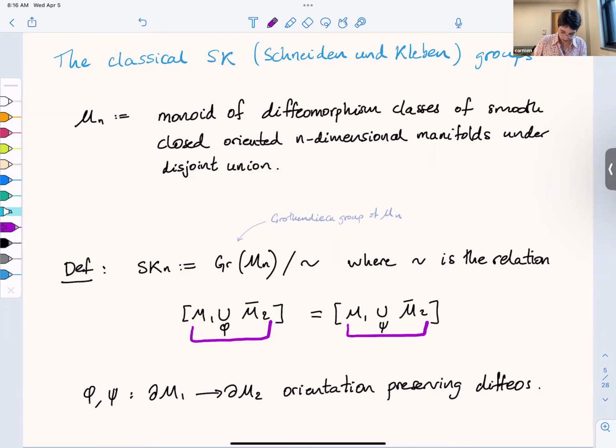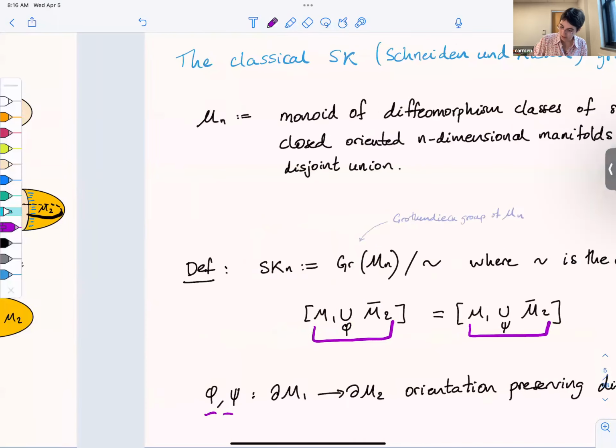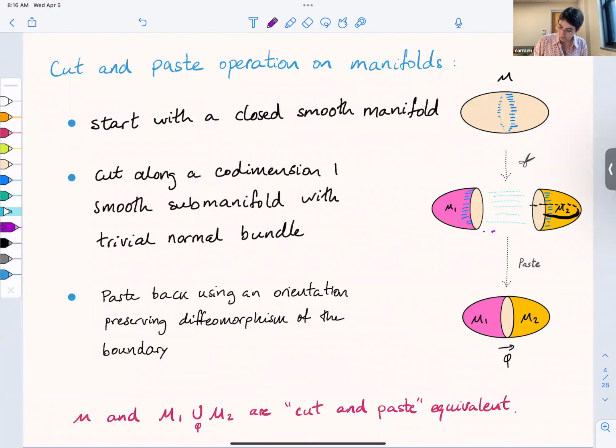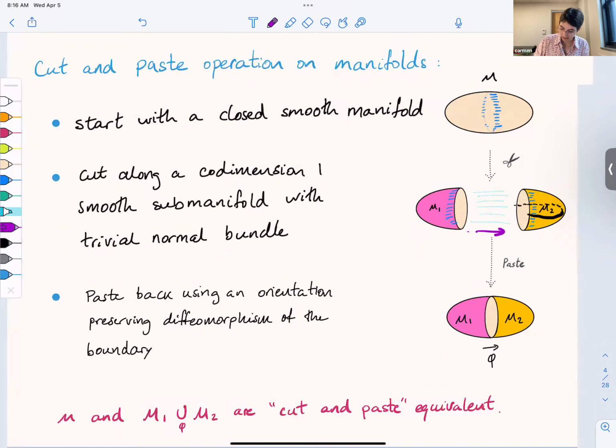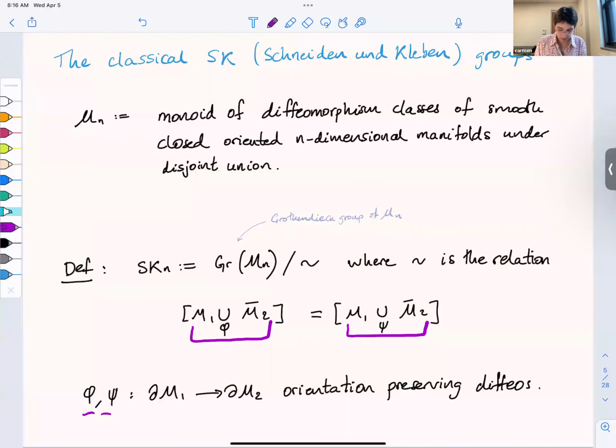And a little bit of notation here: this phi and the psi, as we saw in the previous slide, are diffeomorphisms of the boundaries that occur when you've done the cutting. And again, if you're taking care of orientations, maybe you want to say that this symbol here just means that the other manifold has the opposite orientation.